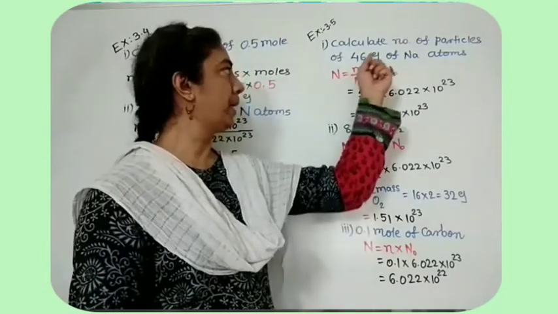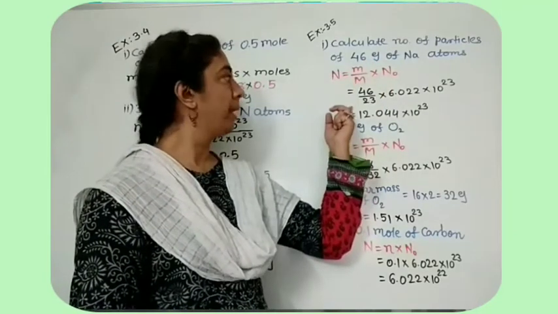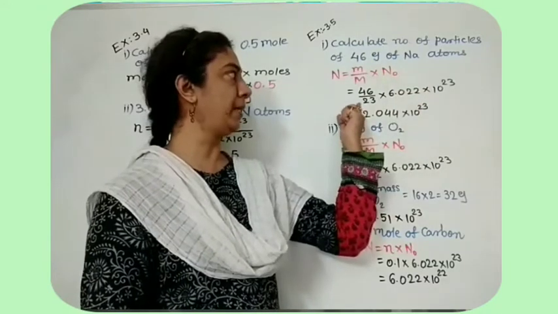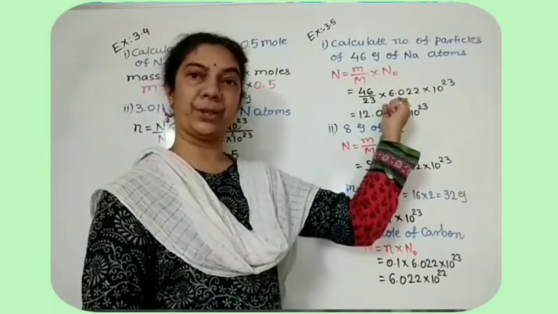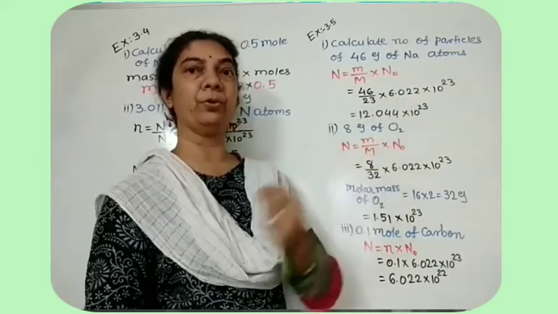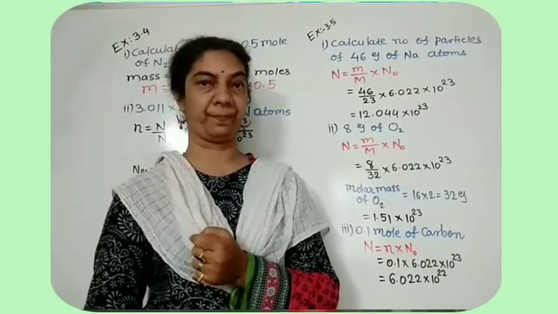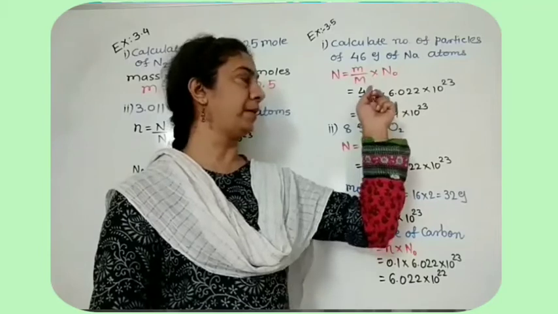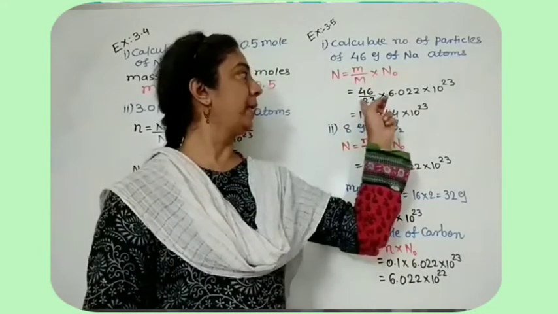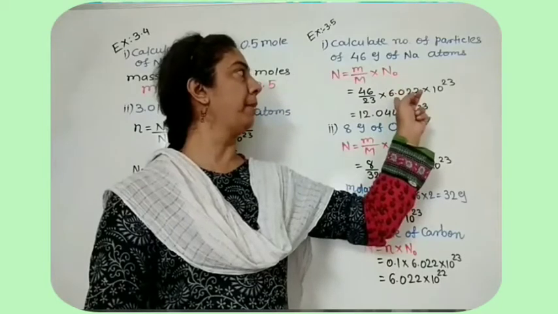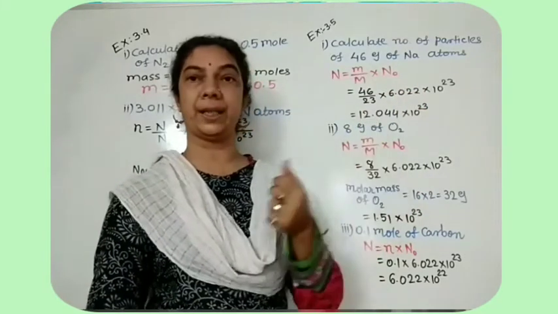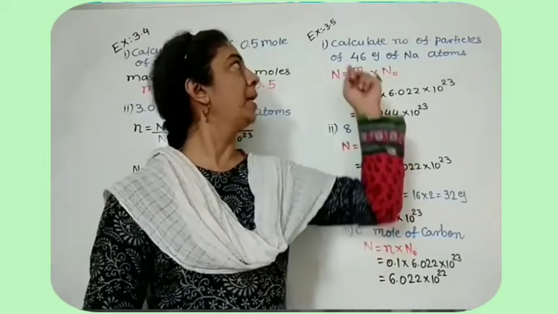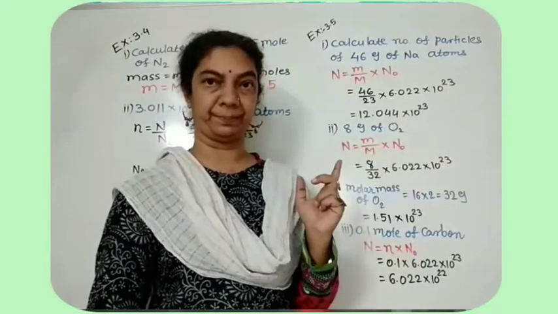The given mass is 46 gram, the molar mass of Na is 23 and the N0 constant is 6.022 into 10 raised to 23. By simplifying, 46 divided by 23 gives us 2. So 2 multiplied by 6.022, the answer is 12.044 into 10 raised to 23 number of particles.